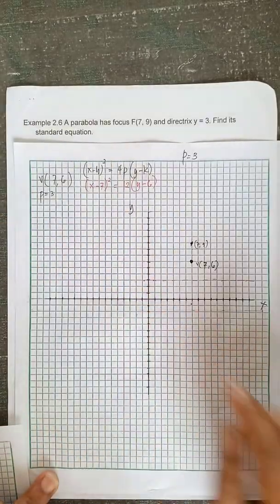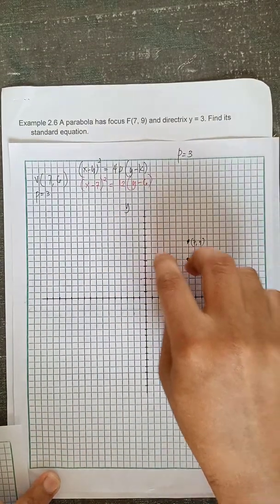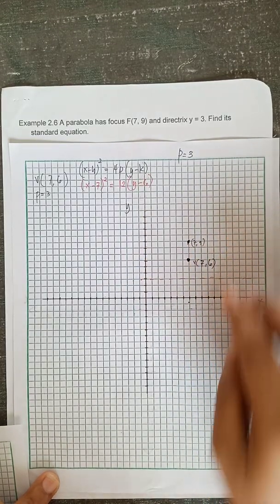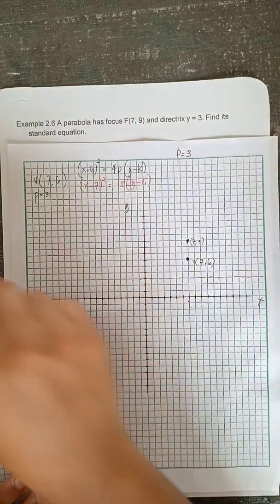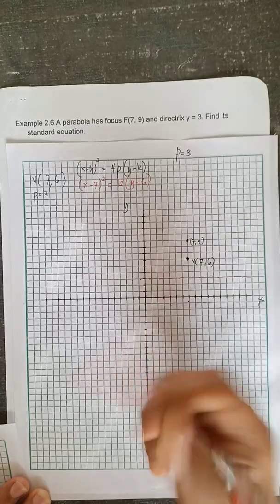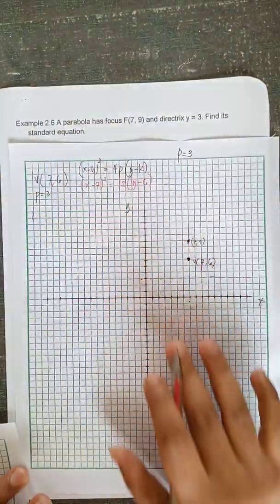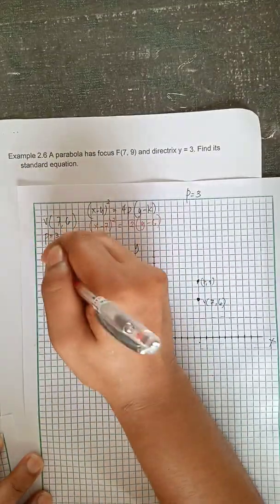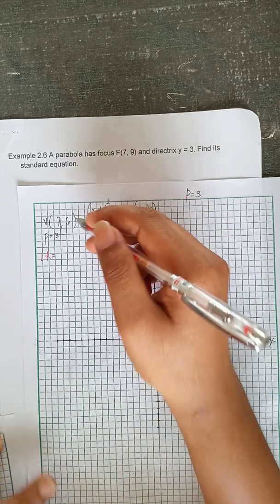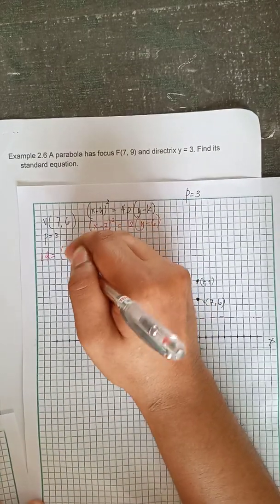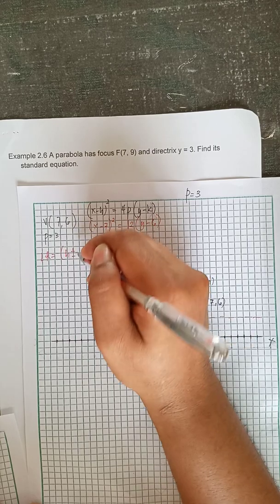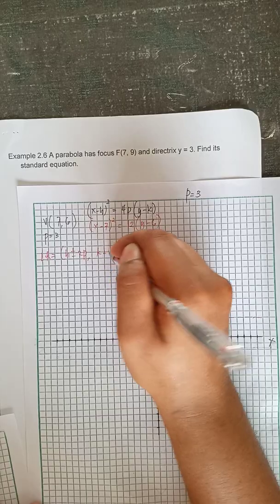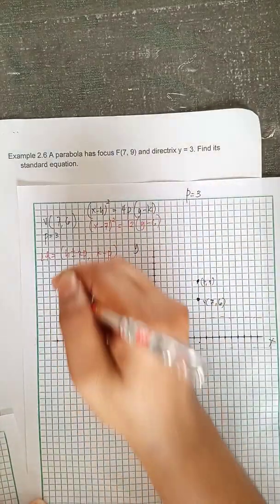To continue, we need to graph our parabola. We cannot graph yet because we have not found the latus rectum. The LR is equal to h plus or minus 2p and k plus p. That is the LR.